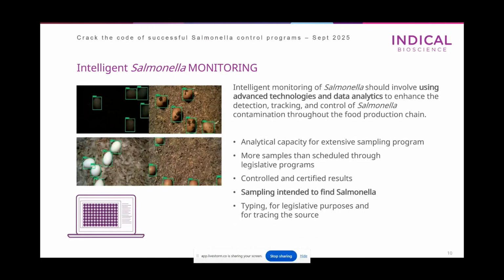You need to understand if you have more salmonellas contaminating your production site. You also need, important again, sampling intended to find salmonella. And the typing is essential for tracing the source.